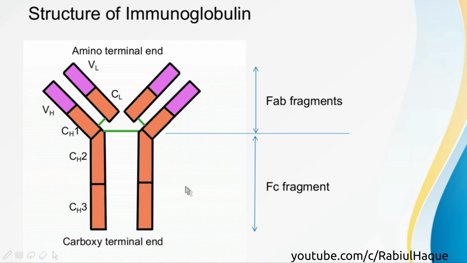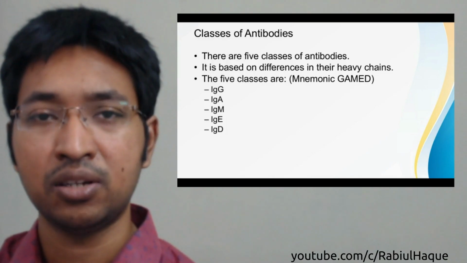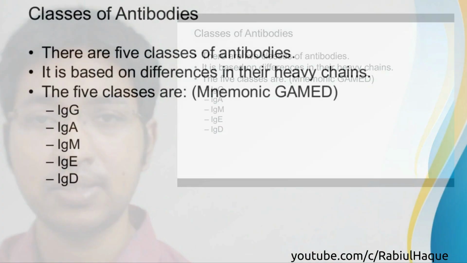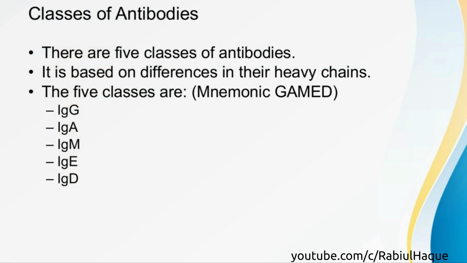and the third fragment will become FC fragment. So now that we have talked about the structure of immunoglobulin, now let's move on and talk about the classes. There are 5 classes of antibodies or immunoglobulins. It is based on differences in their heavy chain, and we can remember them by using this mnemonic GAINED.